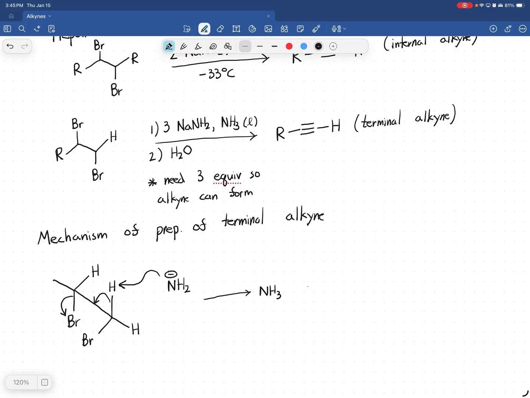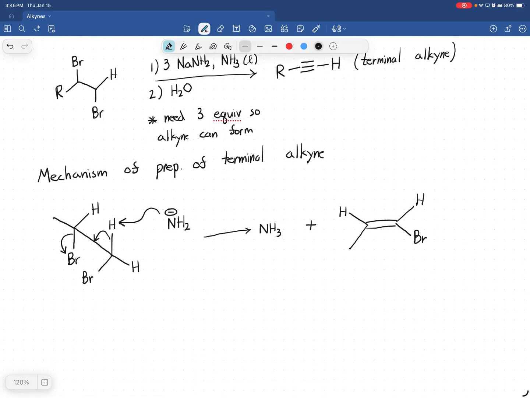And then the intermediate product here is going to be an H, the methyl group on the top left, an alkene, an H, and a Br. Okay. So that's one equivalent of sodium amide.